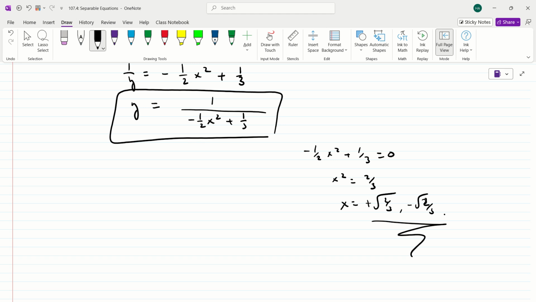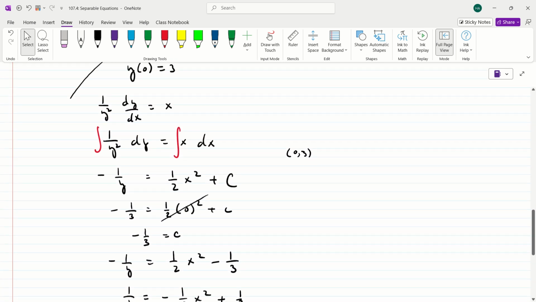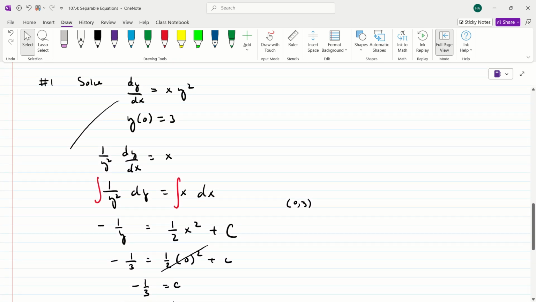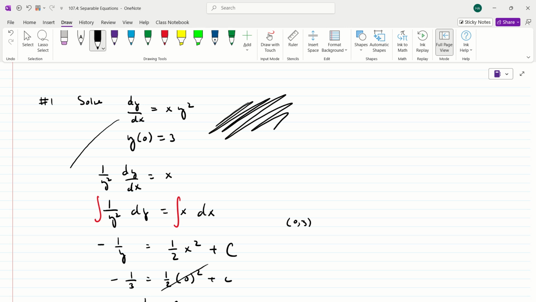That means that your function doesn't exist at those points. And if it doesn't exist, then it definitely can't be differentiable at those points. And once it stops being differentiable, then you wouldn't care about including any points to the left of those numbers or to the right of those numbers, because in order for you to have a solution to this differential equation, you have to have a function that is differentiable.